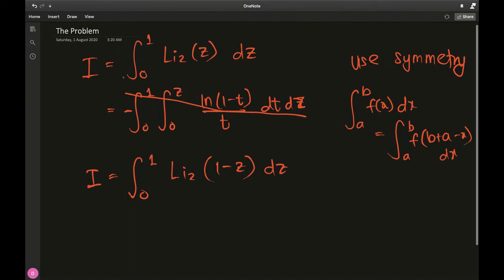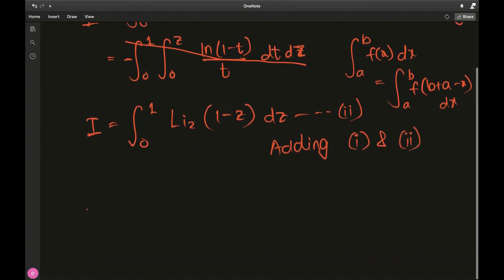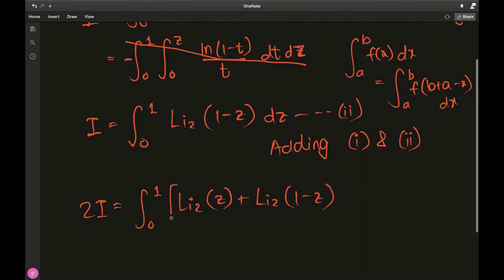Now I'm going to add equation number 1 and equation number 2. So adding 1 and 2, we come to the conclusion that 2 times I is equal to the integral from 0 to 1 of the dilogarithm of z plus the dilogarithm of 1 minus z dz.